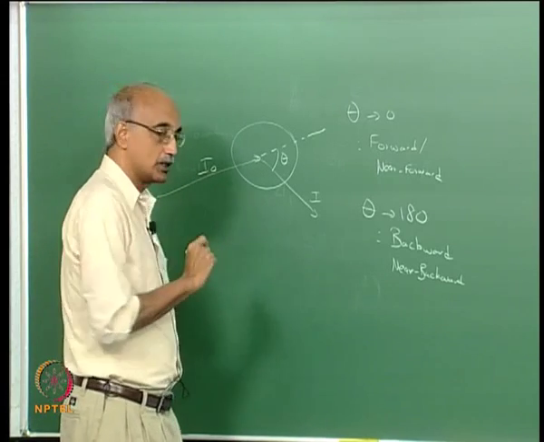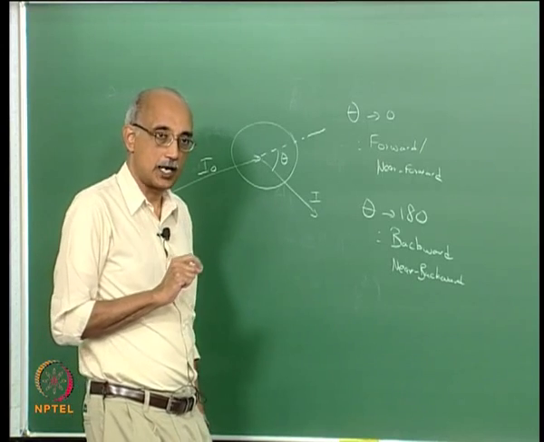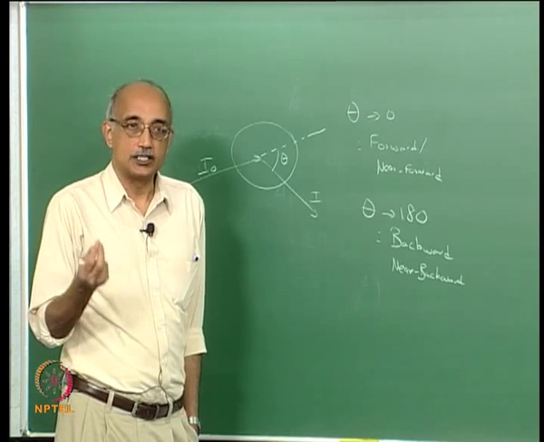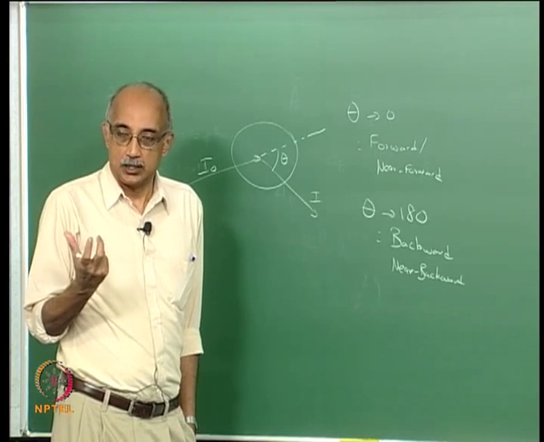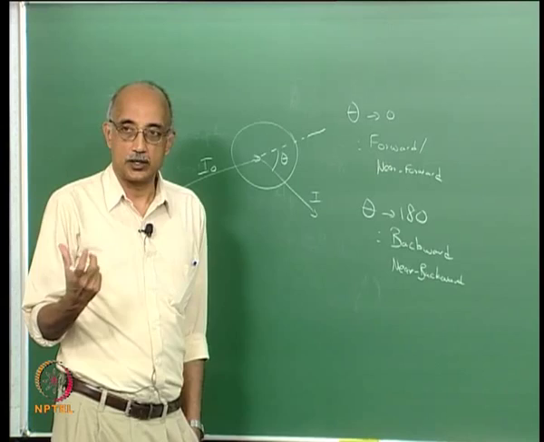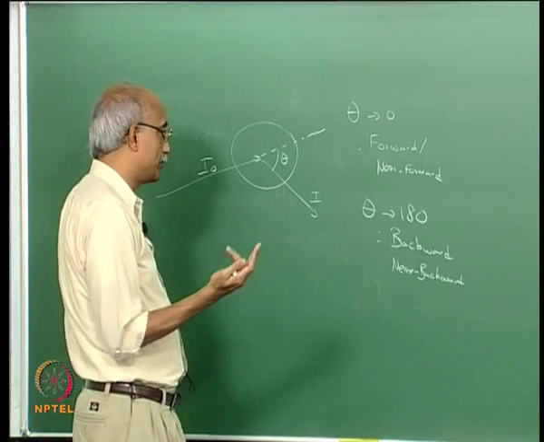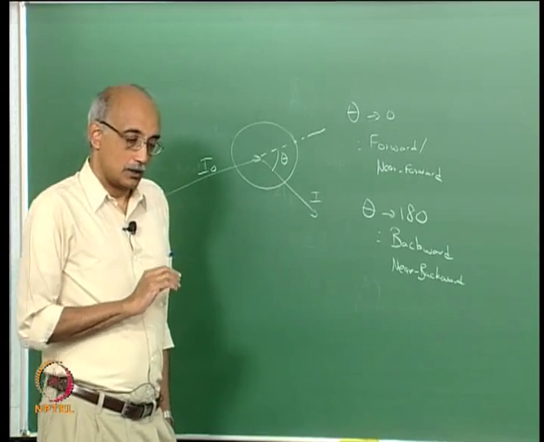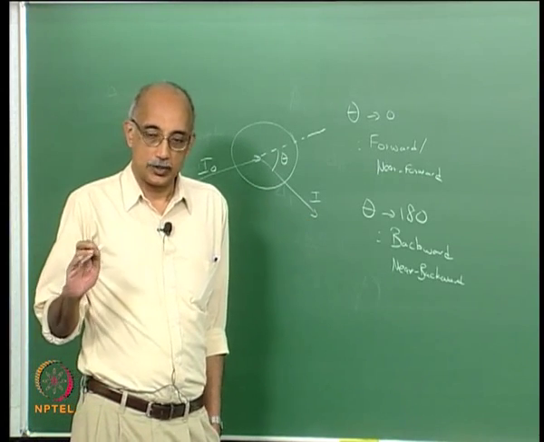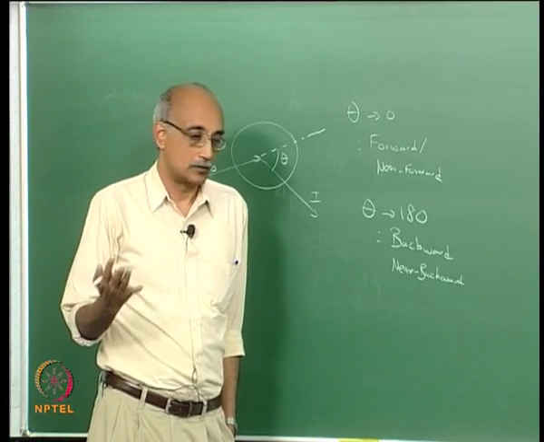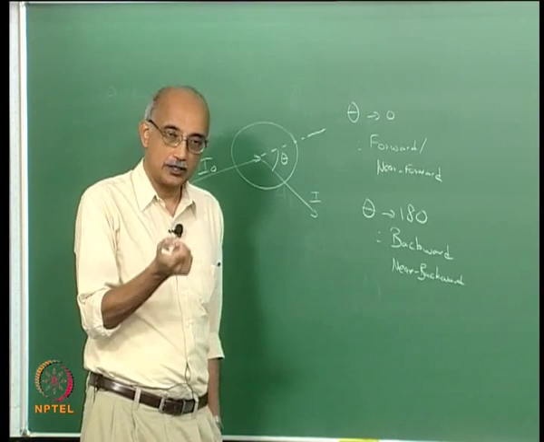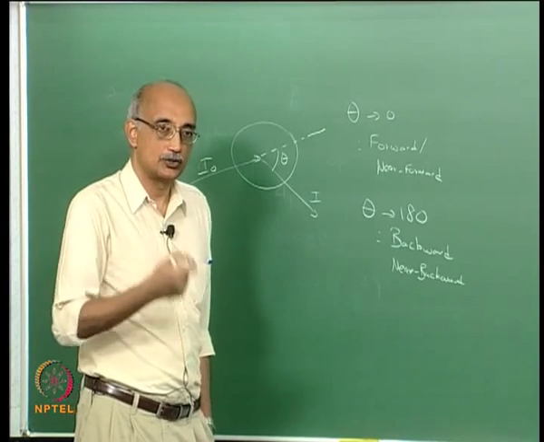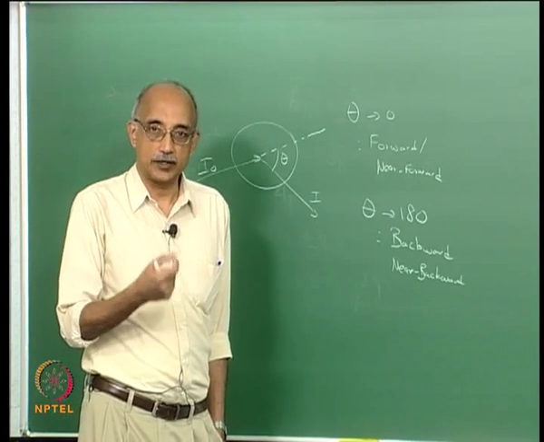And one of the key parameters that decides whether the scattering is forward scattering or backward scattering is the size of the particle. As you can imagine, the larger the size of the particle, the more will be the probability that the particle will redirect the light to an extensive amount, whereas the finer the particle, the greater the probability that light can actually be transmitted right through without even being affected by the particle.